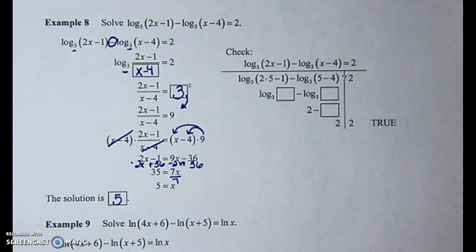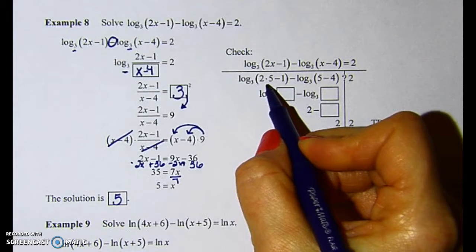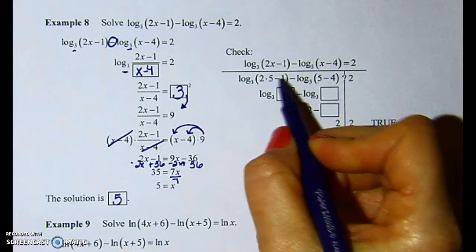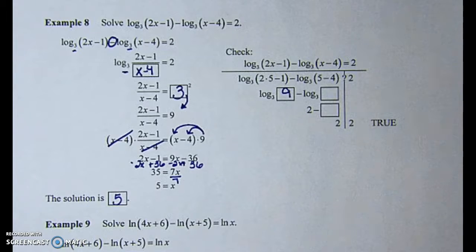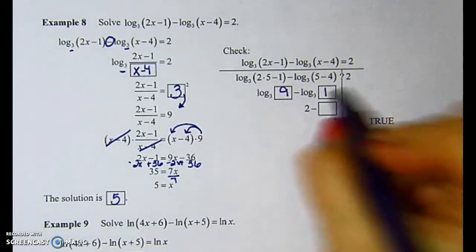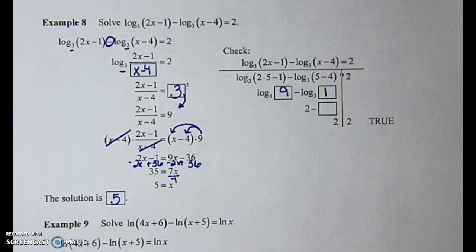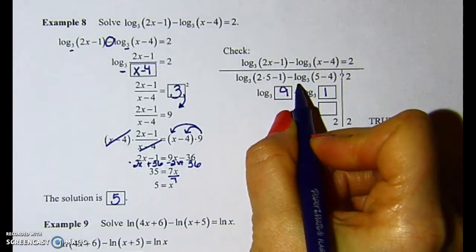Of course, we should double check because, as we saw in the last example, perhaps an answer may or may not work. So wherever I see x, I'm going to plug in 5, giving me log base 3 of (10 minus 1), or 9, minus log base 3 of (5 minus 4), which is 1. 3 to the power of what would give me 9?